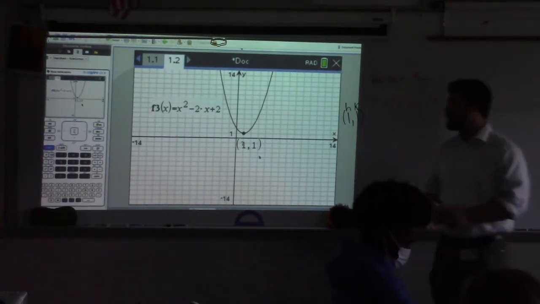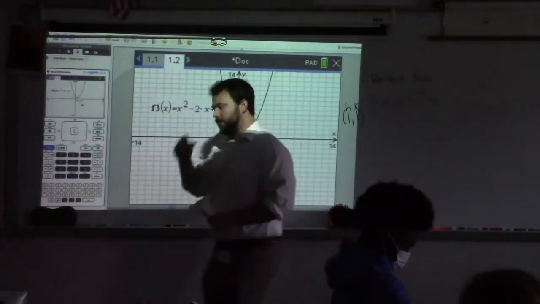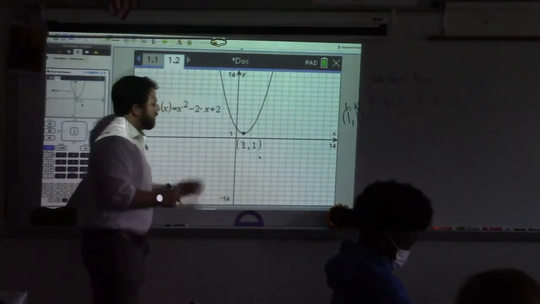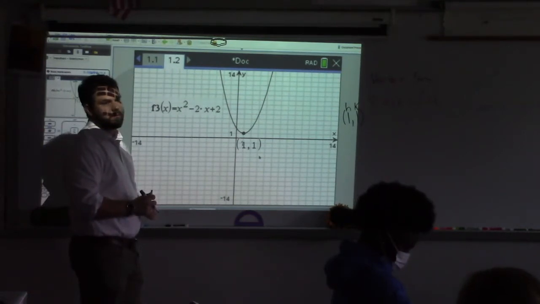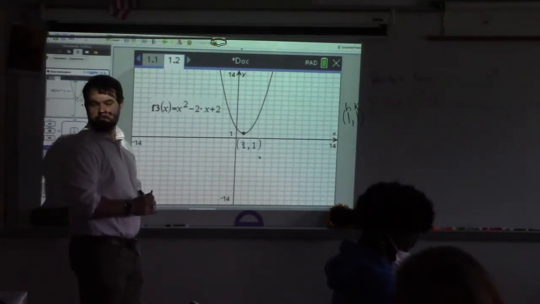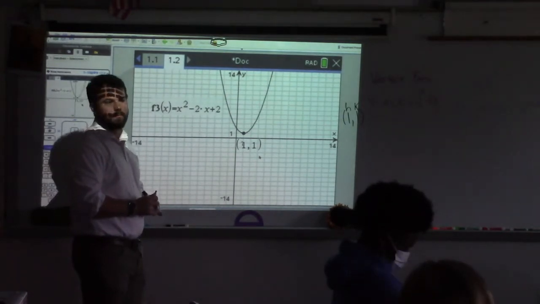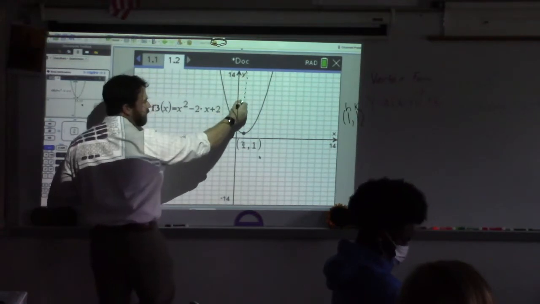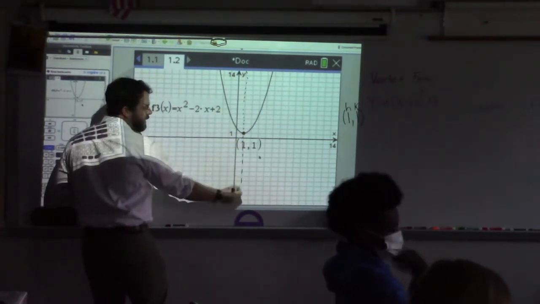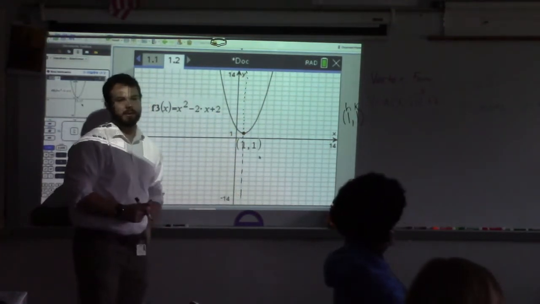By the way, I do want to make this quick note, because I saw this on the homework as well. Where would the axis of symmetry go on this graph? Up and down through the what? Through the vertex. That's the language I'm looking for. We got to recognize that it is a vertical line that goes through the vertex.